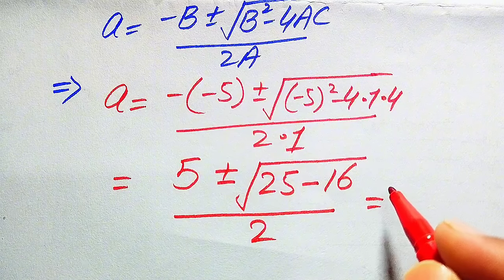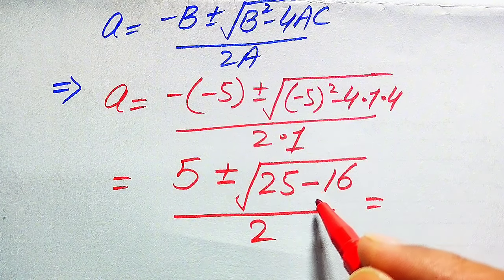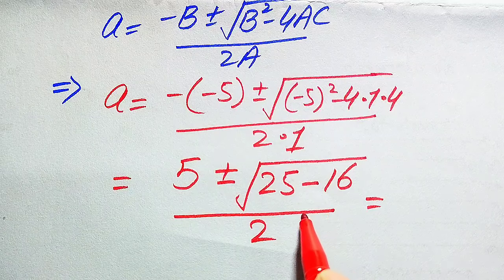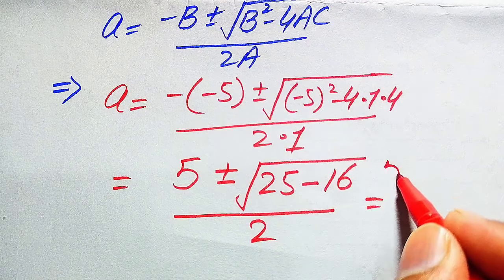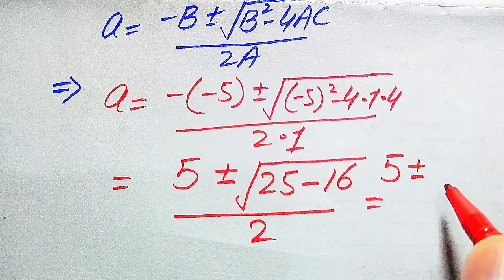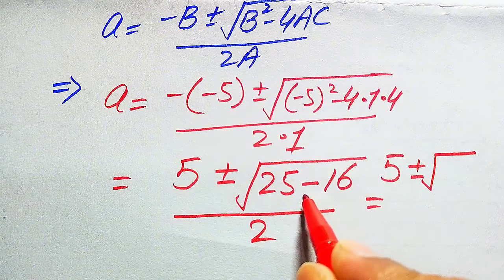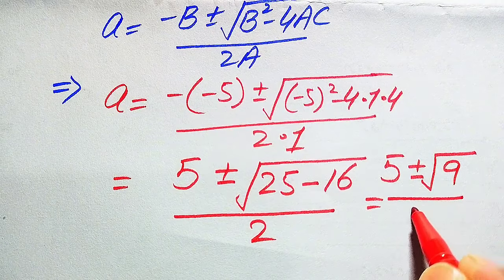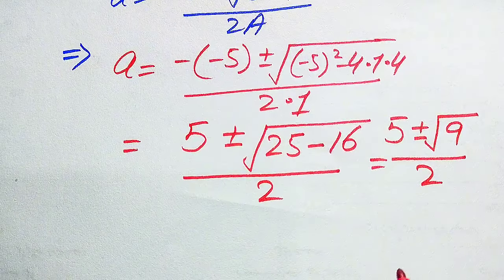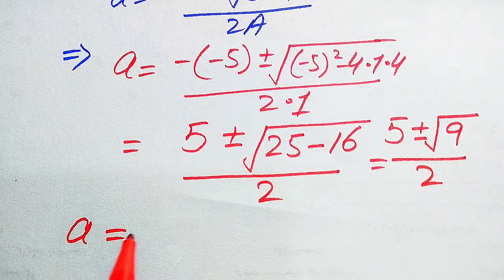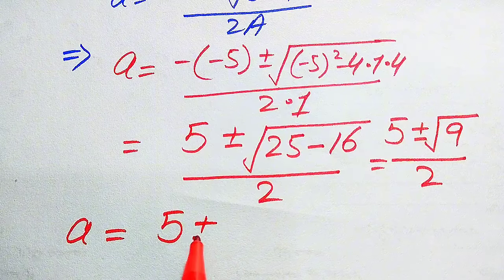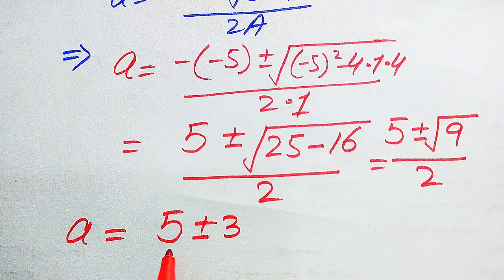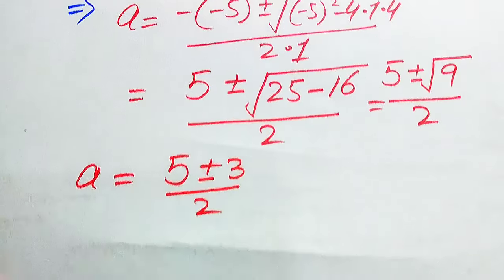And further in the next step we need to focus inside the square root sign, where we have the subtraction of these two numbers, and it becomes 5 plus minus square root of 25 minus 16 becomes 9, and it is divided by 2. And here we have a is equal to 5 plus minus, we know that square root of 9 becomes 3, divided by 2.